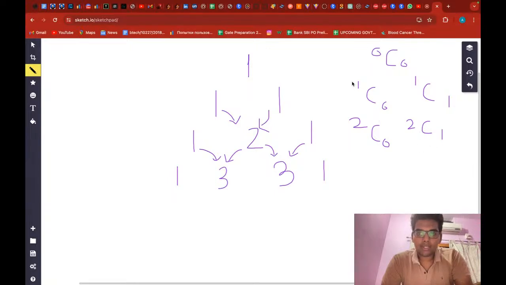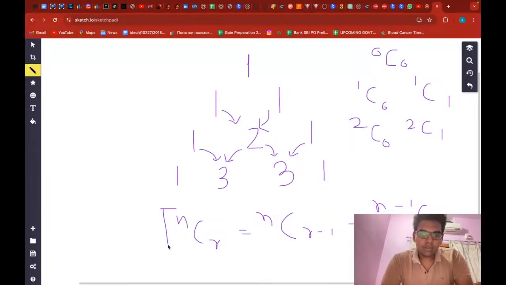So this is a Pascal triangle, and you have seen the formula nCr is equal to n-1Cr plus n-1Cr-1, right? We are using this formula only to solve this problem.